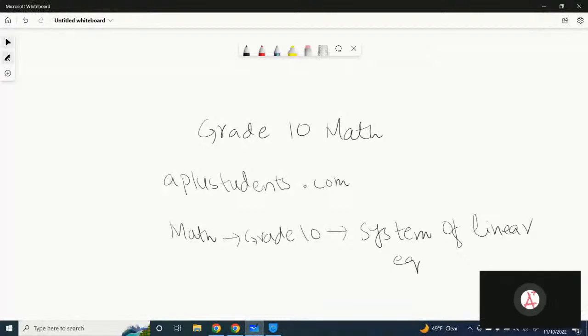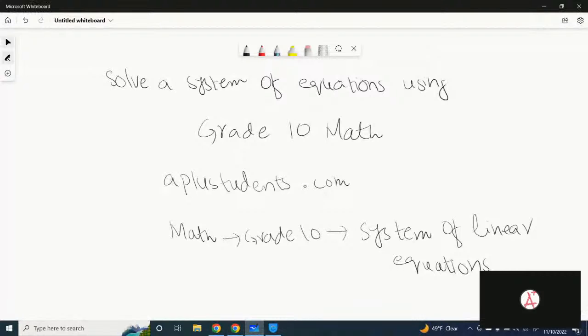So we are going to start with the lesson. The lesson name is Solve a System of Equations Using Substitution Method, or word problems using substitution.